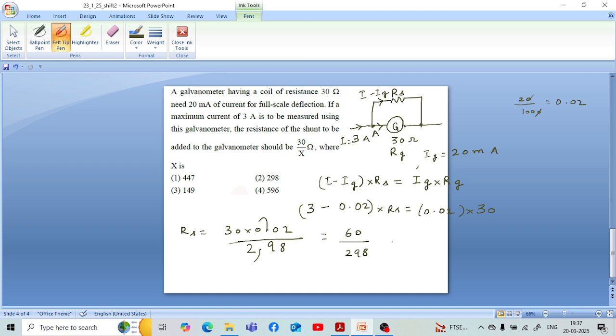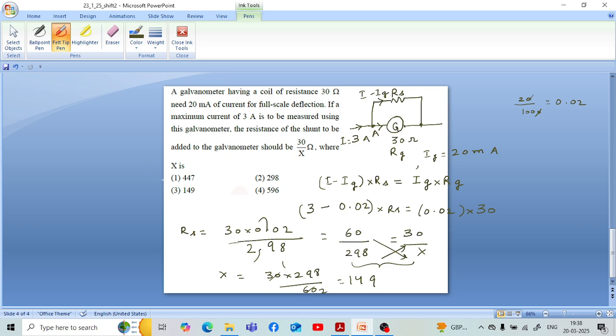It is given that this shunt is equal to 30 upon x, so we put this value equal to 30 upon x. Now we calculate x by cross multiplication: x becomes 30 multiplied by 298 upon 60. Cutting by 2, we get this result as 149.